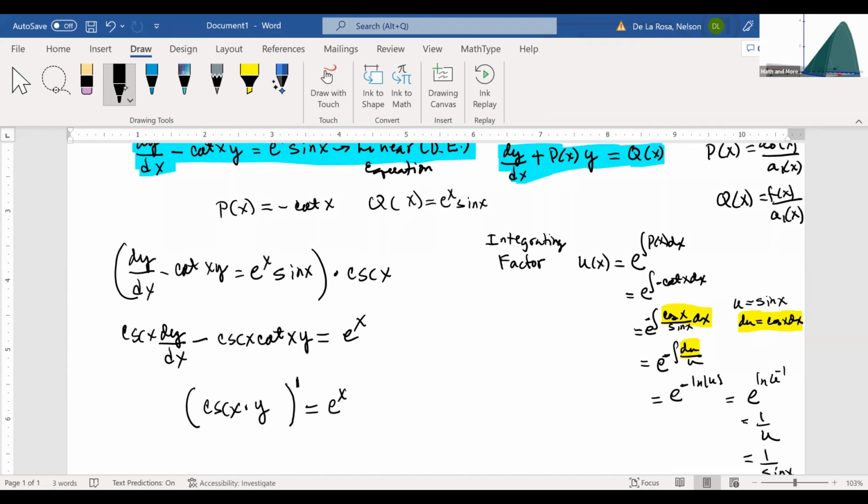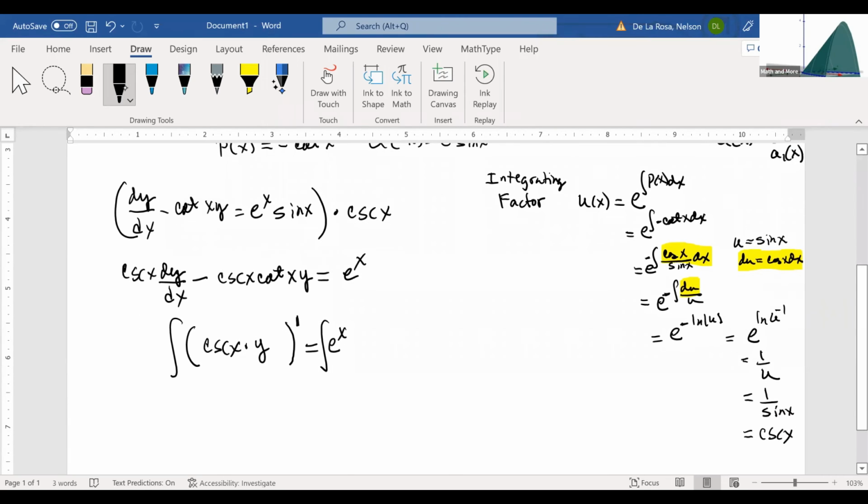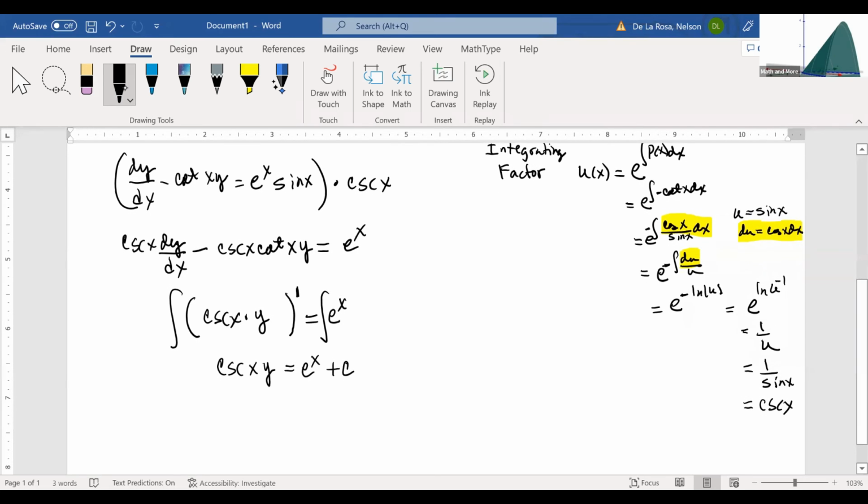Now, in order to find the explicit solution, y as a function of x, we move to integration on both sides. So we have cosecant of x times y equals e to the x plus c. And then we divide everything by cosecant of x in order to isolate y.